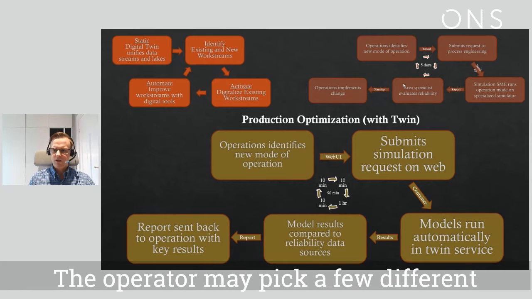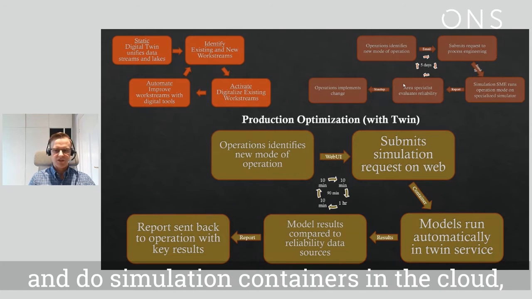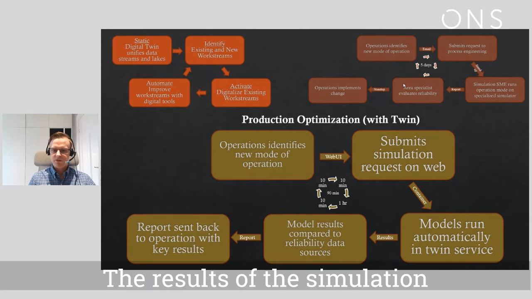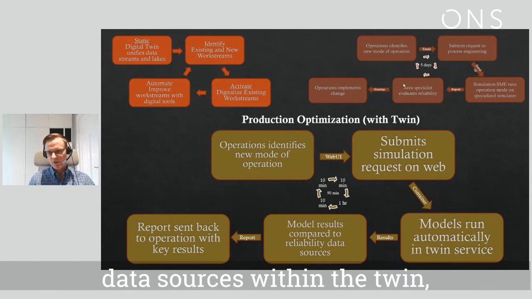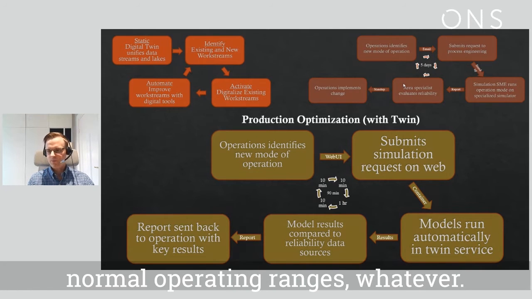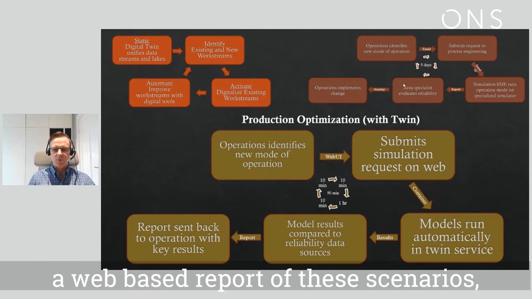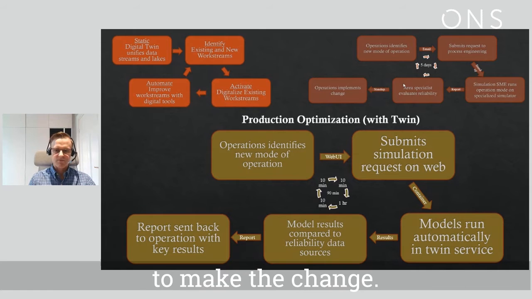The operator may pick a few different operations to simulate, and through simulation containers in the cloud, results of these new operating conditions are generated. The results of the simulation can then be checked against known data sources within the twin, such as alarm limits, normal operating ranges, whatever. And the twin tool then creates a web-based report of these scenarios for the operator to pick the best one and make the change.